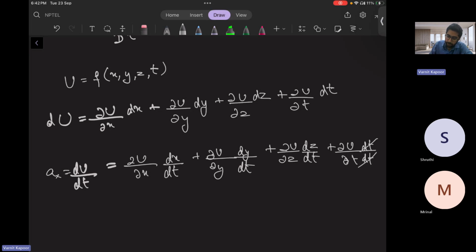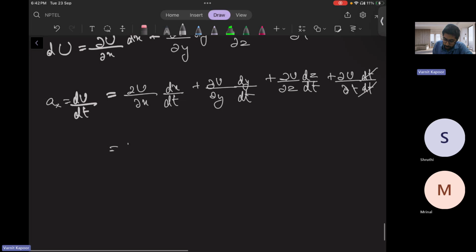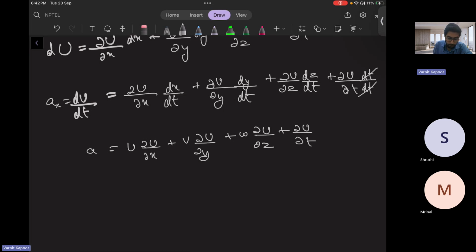This cancels out. So this is nothing but your velocity components in each direction, again u, v, w. So you can write them: u dou u by dou x plus v dou u by dou y plus w dou u by dou z plus dou u by dou t is your a of x. Okay, so this is the scalar form of the acceleration in Cartesian coordinates.